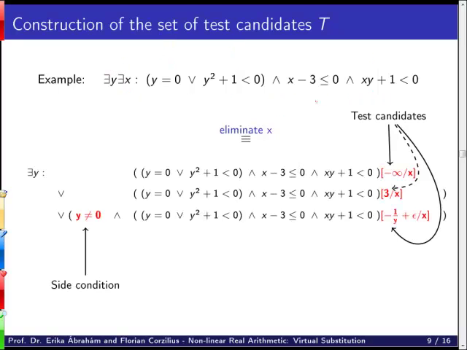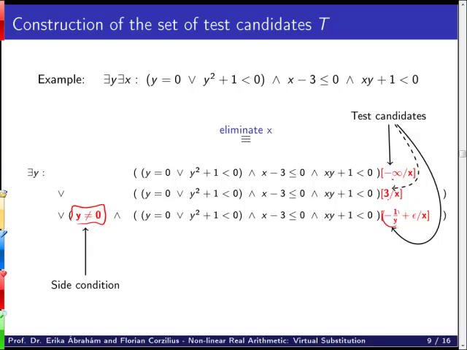So what you get is now a case distinction. See, we have 3 test candidates here, minus infinity, 3, and that one here. And for this one, we have also a so-called side condition. And we have to put them in front of the formula, replaced by this test candidate.